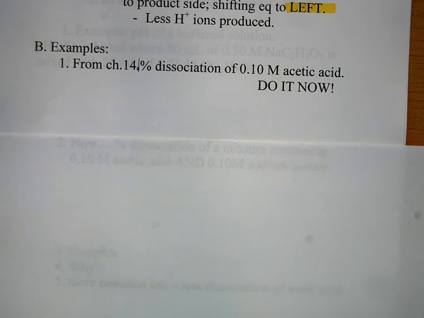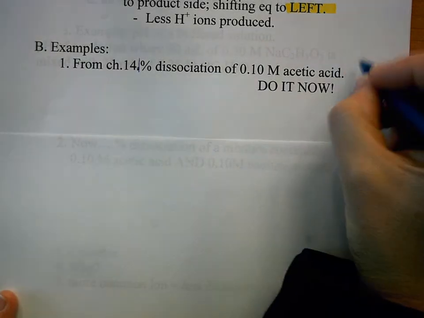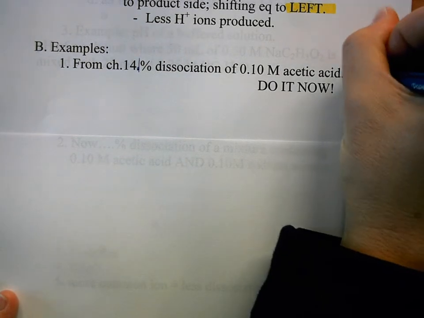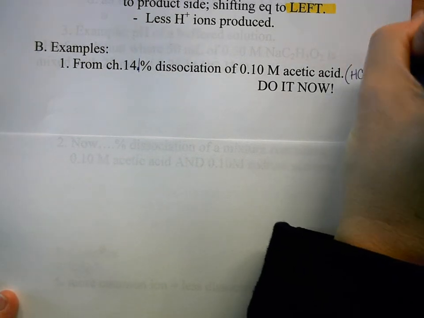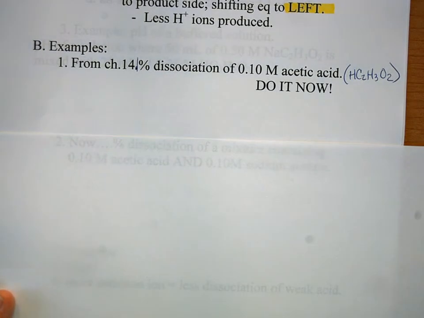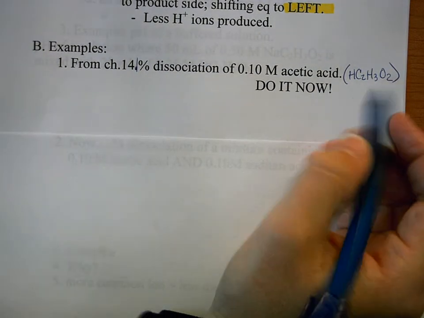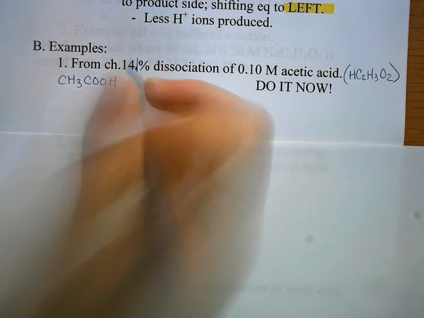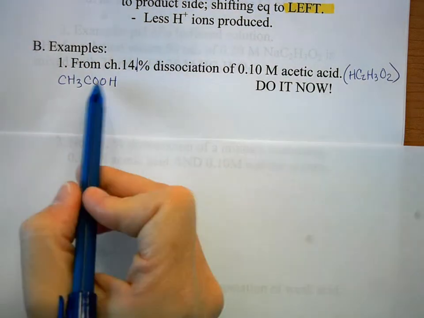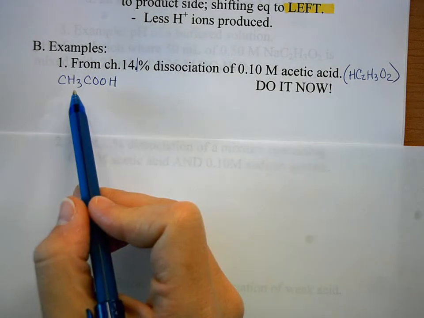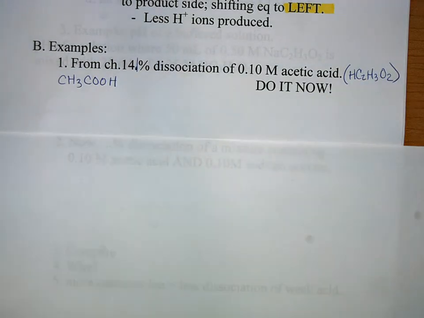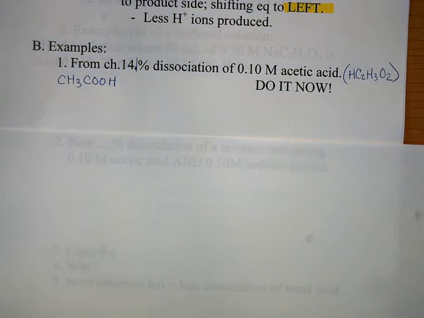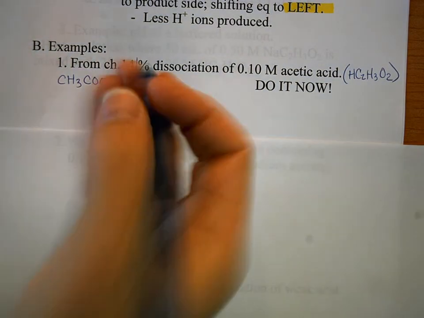Oh, by the way, acetic acid, you should know that formula is HC2H3O2. You should also know that a common way to write out the formula for acetic acid is CH3COOH. Same thing. If you count up the hydrogens, there's 2, there's 3, 4 hydrogens, 2 carbons. The reason why they would write it out this way is it's kind of a structural formula, so it tells you how it's structured.